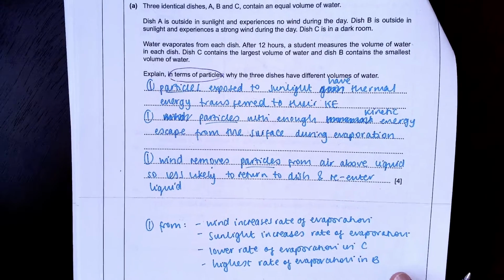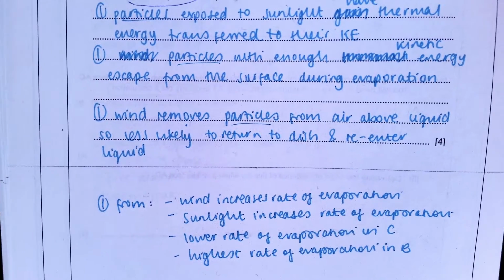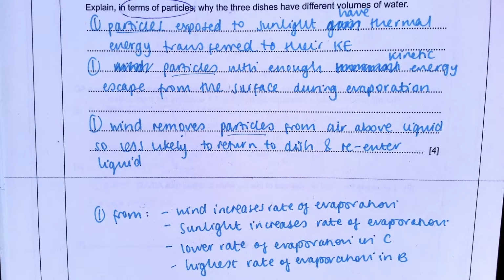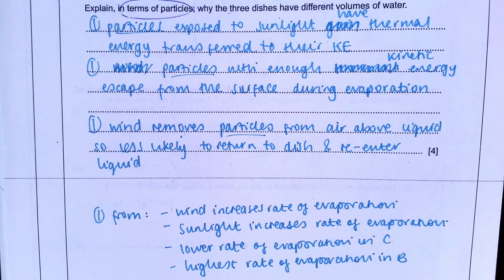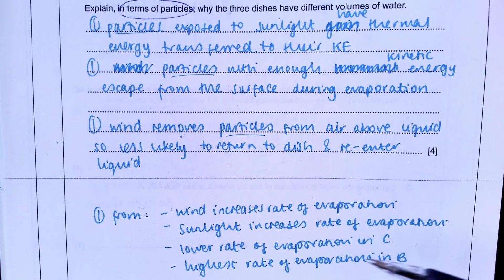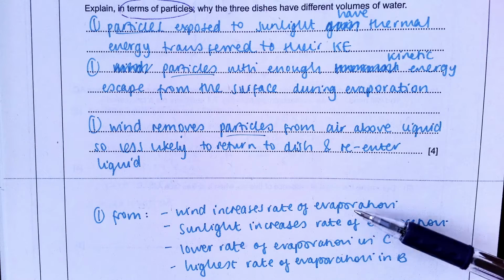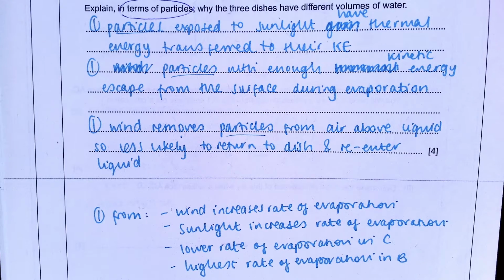And then the last mark was, you could have had any of these points for the mark. Let me zoom in so that actually you can see all of it. You could have said wind increases the rate of evaporation, sunlight increases the rate of evaporation. You could have said that dish C has the lowest rate of evaporation or dish B has the highest rate. If you say all of these, you don't get 4 marks. They're all worth the same mark point there.